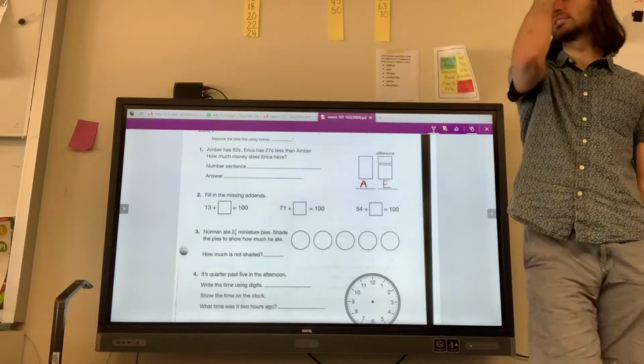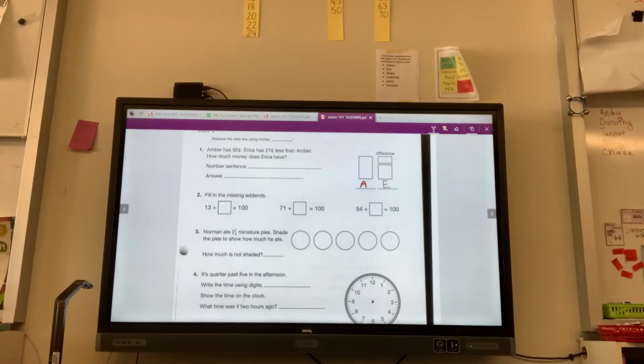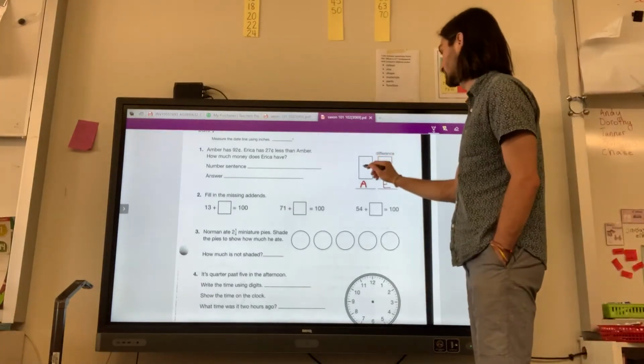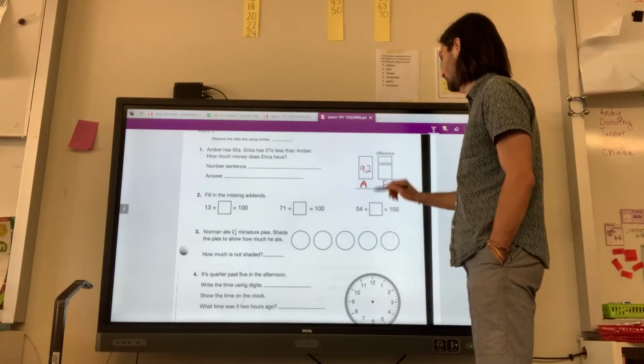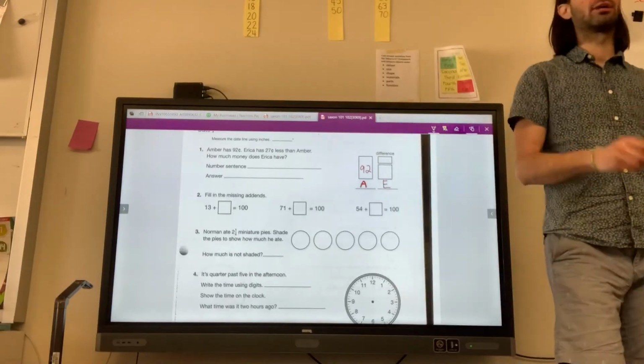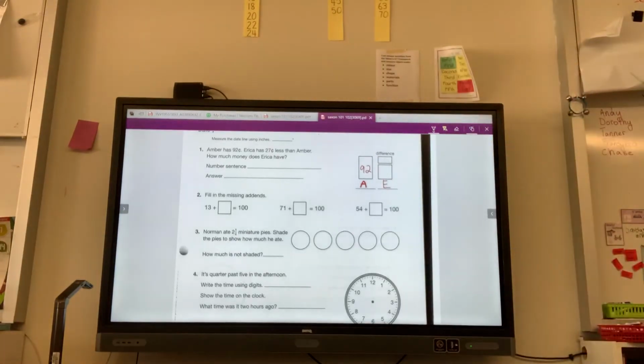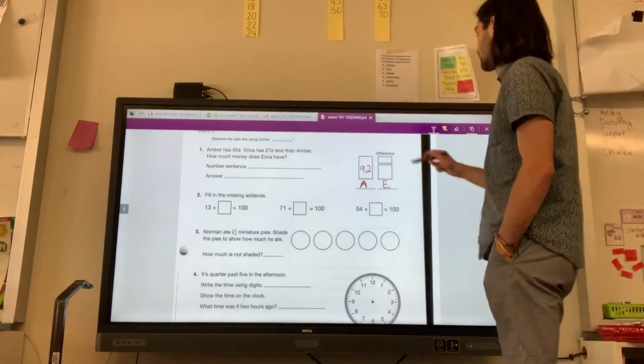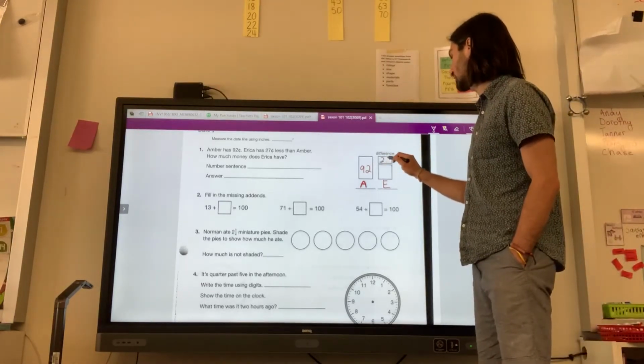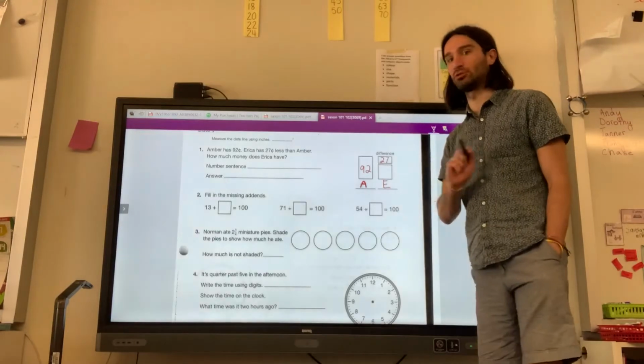So, how much money does Amber have? Amber has 92 cents. Okay. Now, do we know how much Erica has? It says Erica has 21 cents less than Amber. So, we do not know how much she has, but we know the difference between the two.